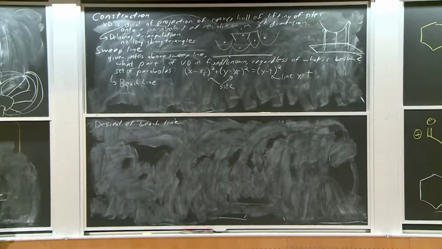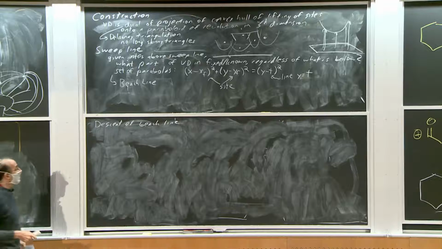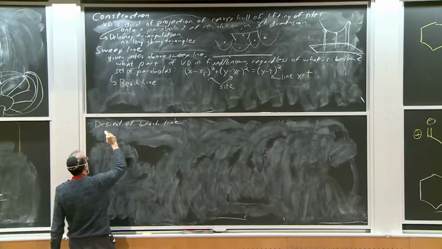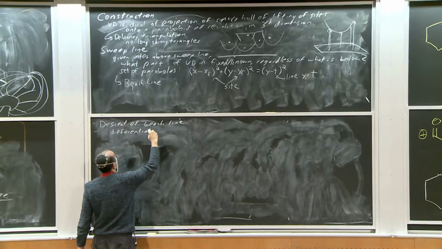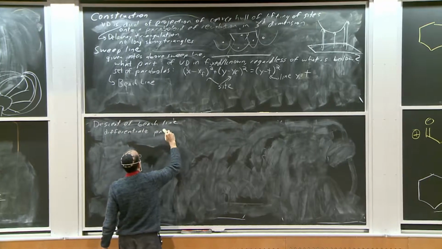Up there I have a formula for a particular parabola, for a particular site. And my question is, what happens to that parabola as the sweep line descends? In order to answer that numerically, I'm going to differentiate the parabola formula.